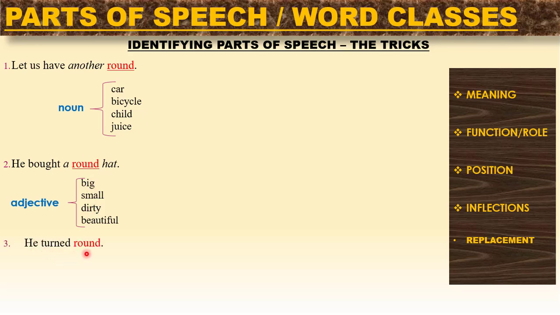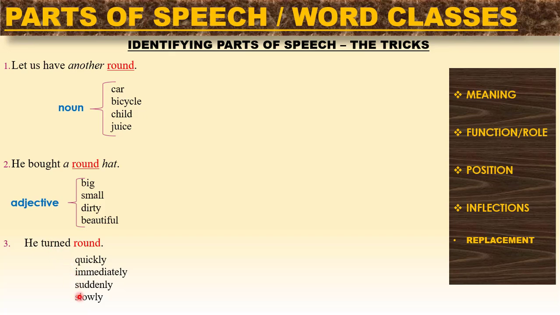He turned round. Over here, what is the word class of round? What function is it playing? Here, it is telling us how he turned. So words that describe the manner in which an action is done are called what? Let us try to replace round with other words. You can say, he turned quickly. He turned immediately. He turned suddenly.